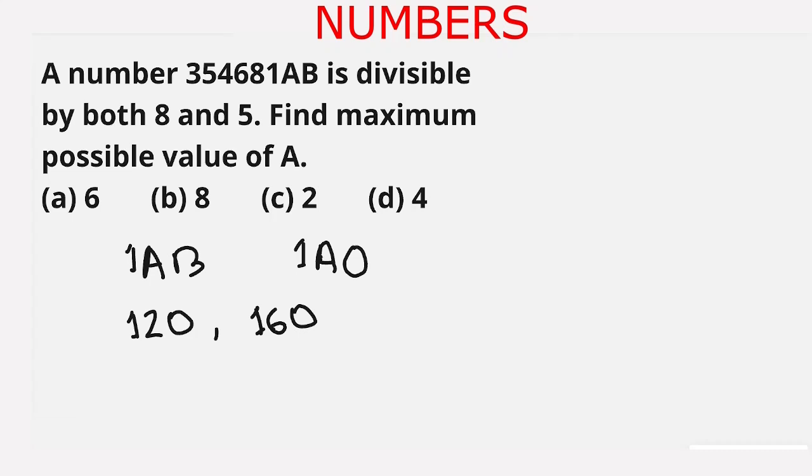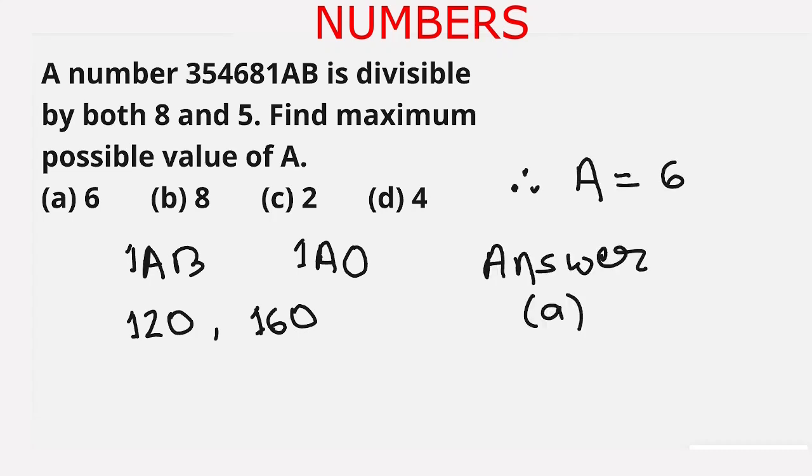So the only two numbers which are divisible by 8 are 120 and 160. So A can have value 2 and 6. But it is asked to give the maximum value of A. So A can be 6. Therefore, A equal to 6. And from the given options, our answer is option A, 6.